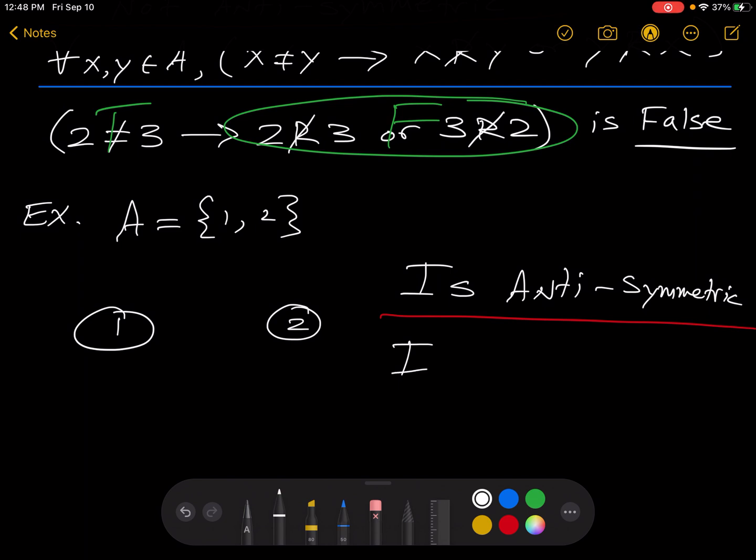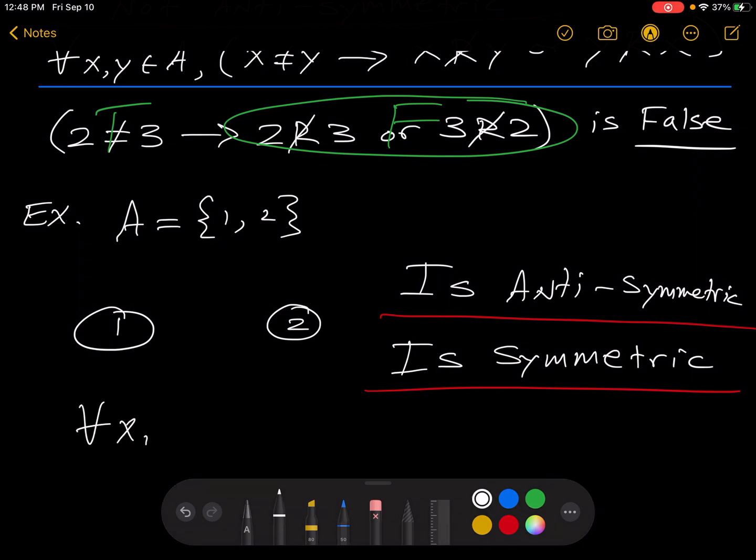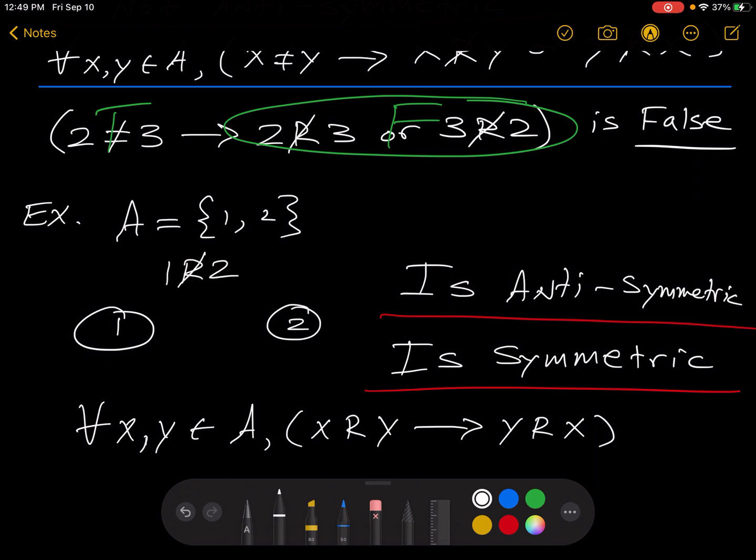This graph is also symmetric. Now, why is that? Remember the definition of symmetric. Well, since there's no edges, we know that 1 is not related to 2.